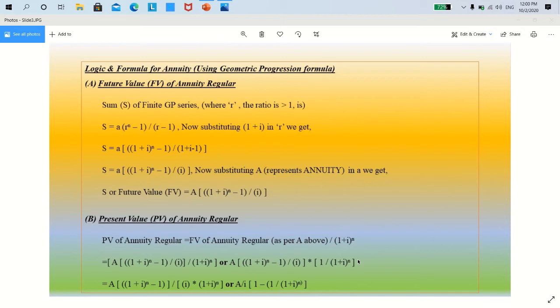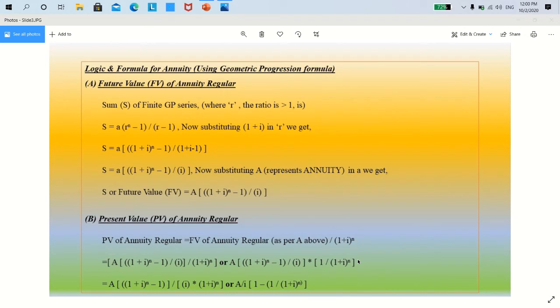consistently, then since the amount is constant at 5,000 and since it is paid at a time interval of 1 year between two payments, this constitutes an annuity, and also an annuity regular, because the payment is being made at the end of each year and not at the start of the contract date itself.